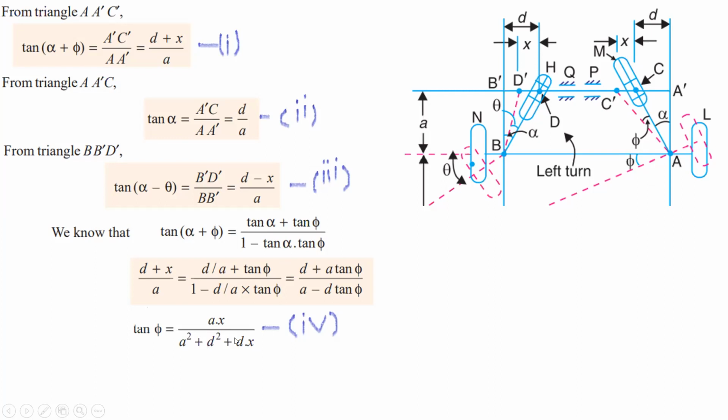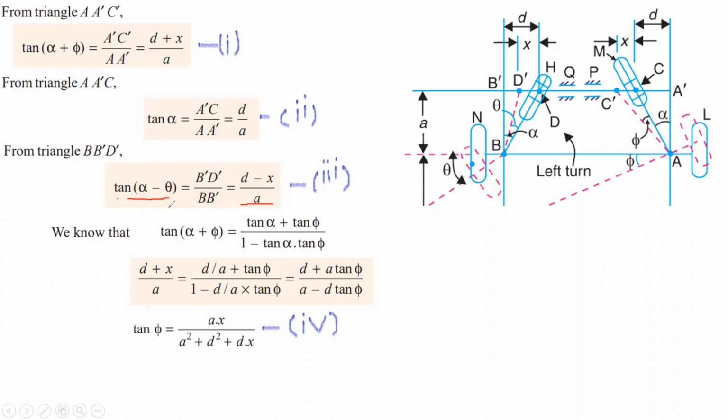Similarly, you can proceed taking this equation, tan of alpha minus theta equal to d minus x upon a. First you will expand this by the formula of tan a minus b.